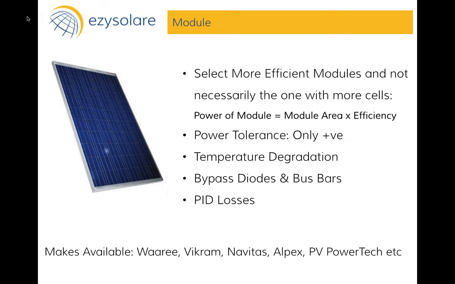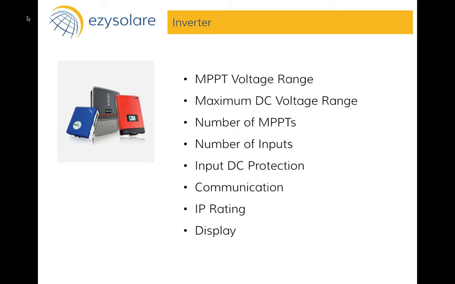If somebody is selling you, for example, a 250-watt peak panel of 72 cells, then probably he's selling you last year's stock, because those kinds of inefficient panels are no longer made. Typically, a 250-watt peak panel would be made of 60 cells, and the dimension would be 1.6 meters by 1 meter.